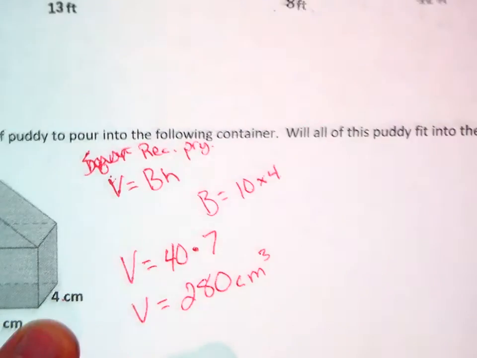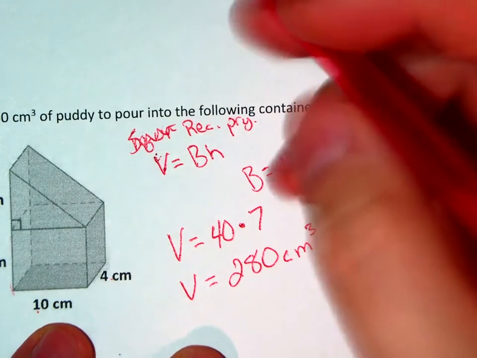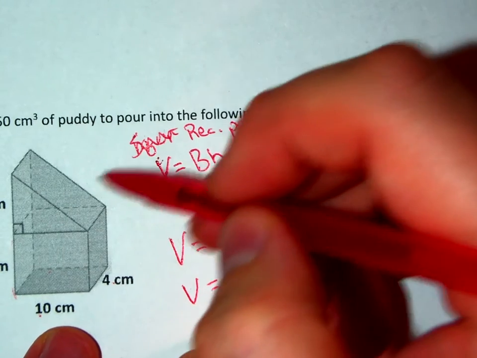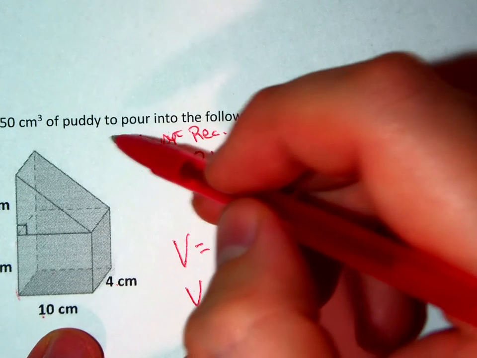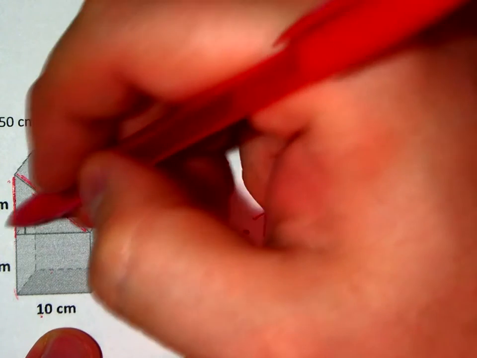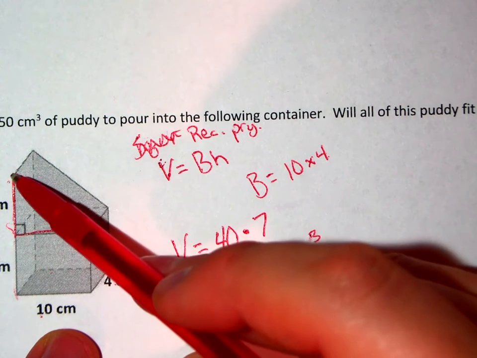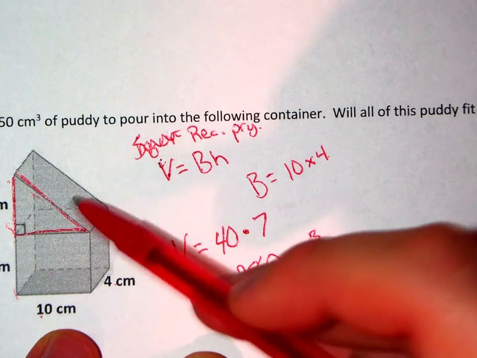Well, now let's find the volume for the triangular prism. See here I have a triangle shape. That triangle shape gets extended.